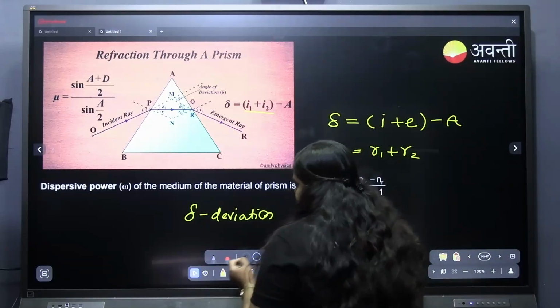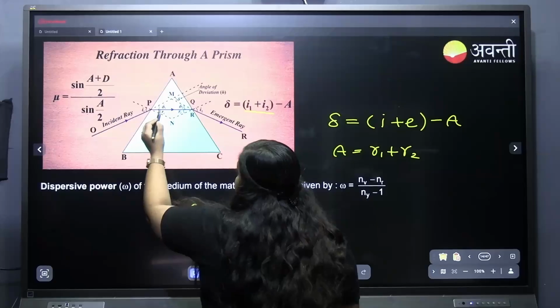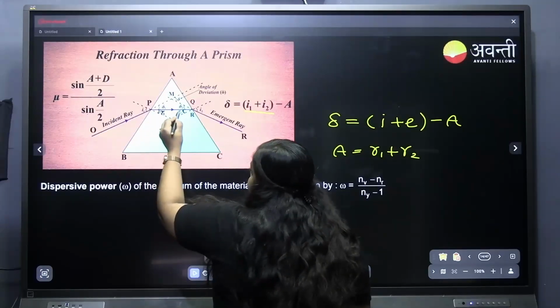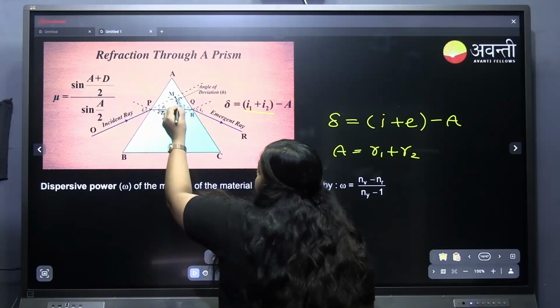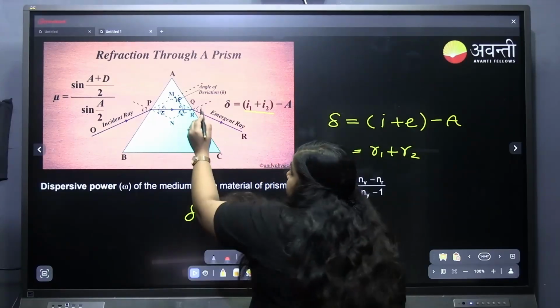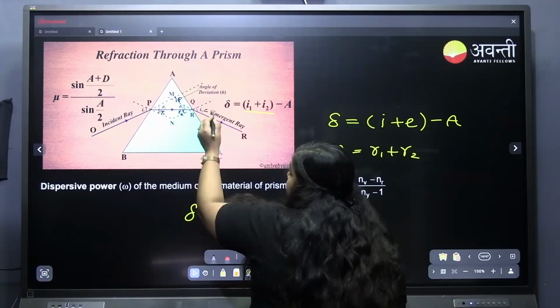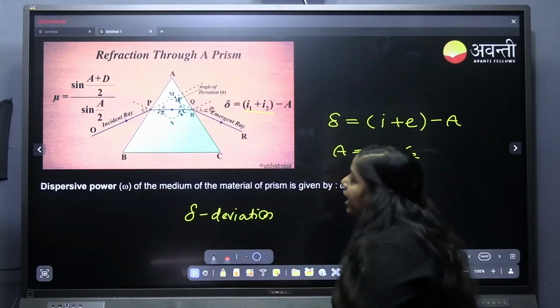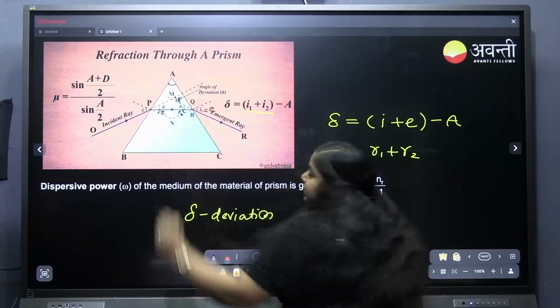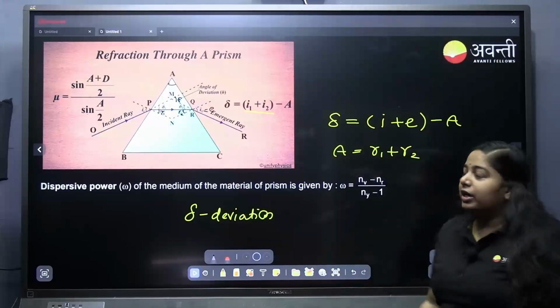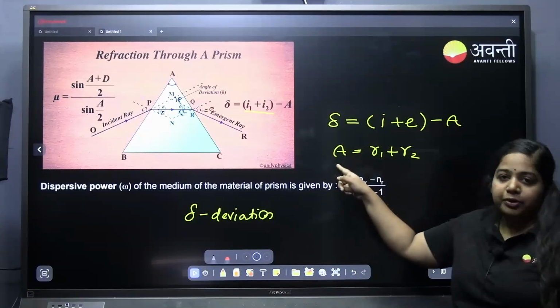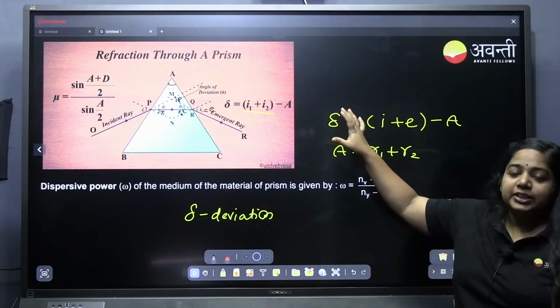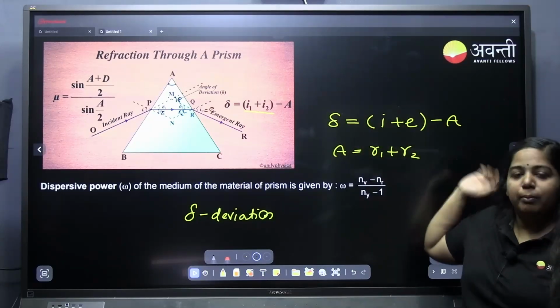If you are seeing here, this is R1, and this is R2. This angle is delta, deviation. This I2 I am writing as E, emergent angle, and here is I. Angle of prism is here, this is angle A. So what are we getting? R1 plus R2 equal to angle A. Deviation is equal to I plus E minus A.